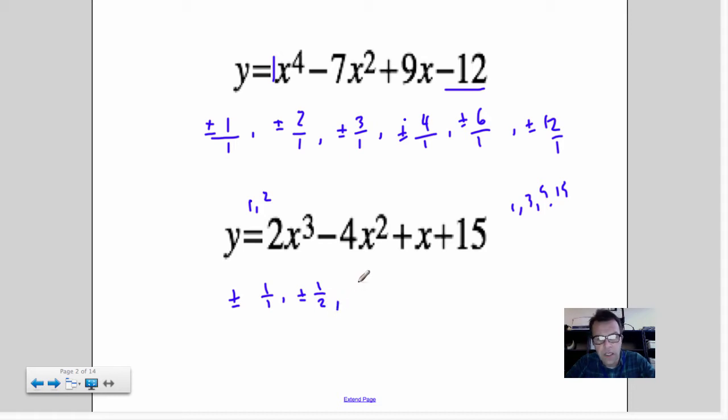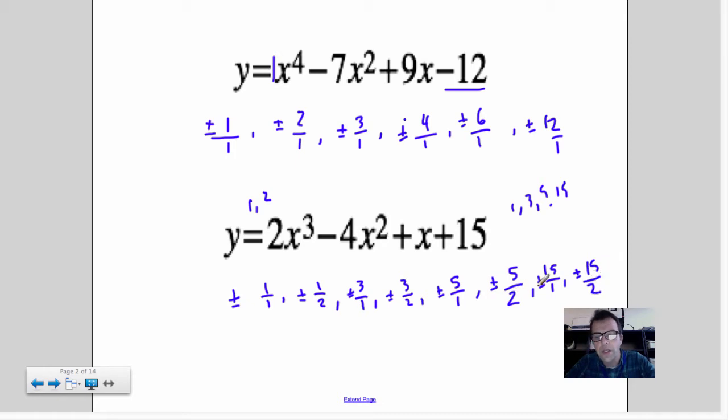Then we would continue with the next factor, plus or minus 3 over 2. Then plus or minus 5, divided by the first factor of 2, plus or minus 5 divided by the second factor of 2, and then plus or minus 15 over 1, and finally plus or minus 15 over 2.